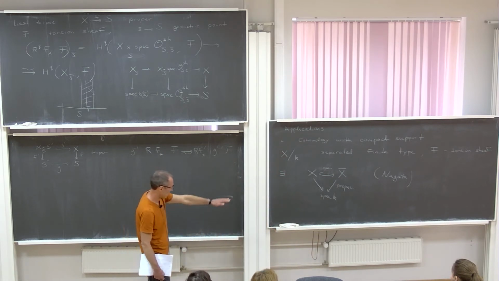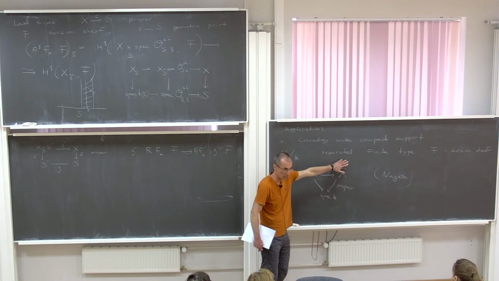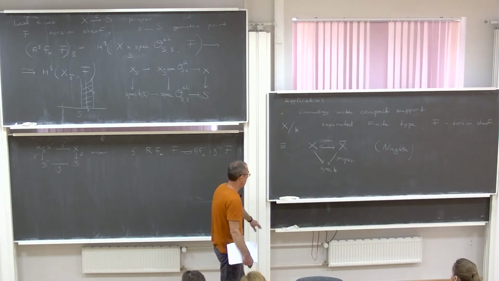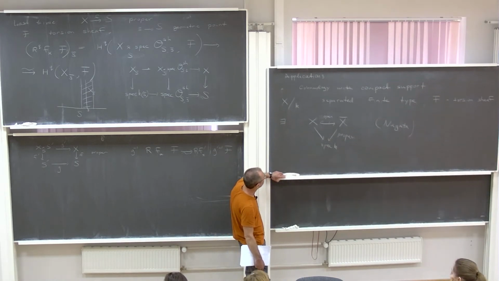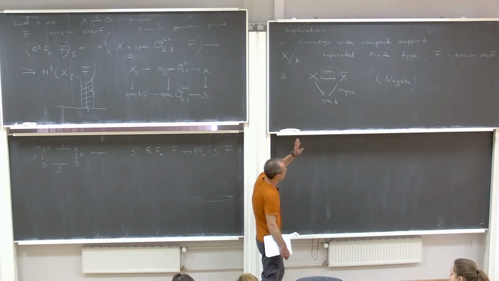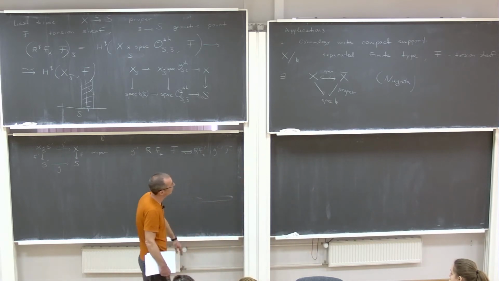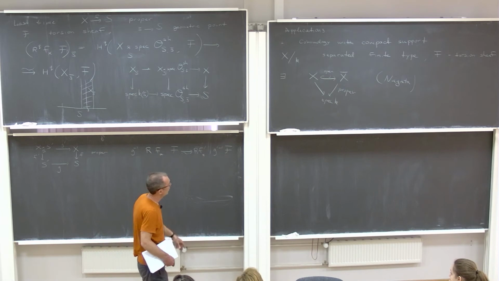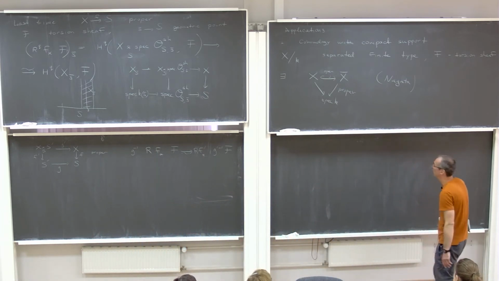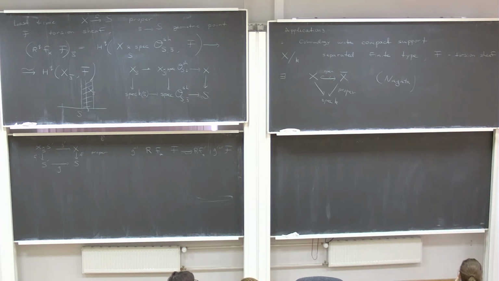So in practice, constructing such X bar is something very simple. And I think that Nagata's proof was written in old language, so it was reproven by Deligne and then written down by Conrad. So there is a relatively short exposition of this.